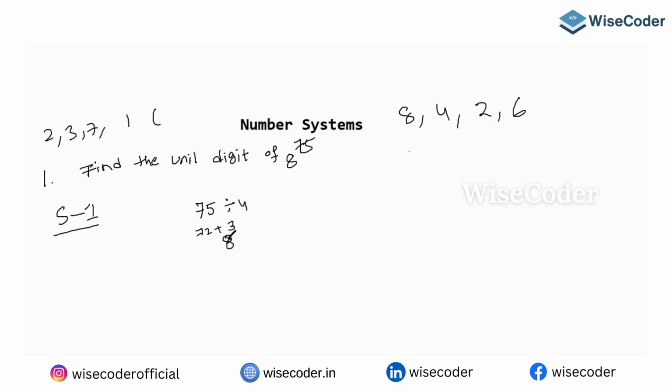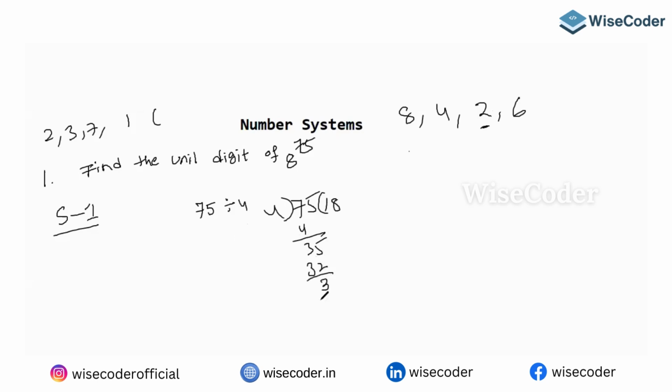So 8 power 3. 8 power 3 is what? 2. You can say the answer directly, 2, but we'll follow the procedure. Some people will not understand this thing. So simply 75 divide with 4. 4 ones are 4, 35. 4 eights are 32. Left with 3.